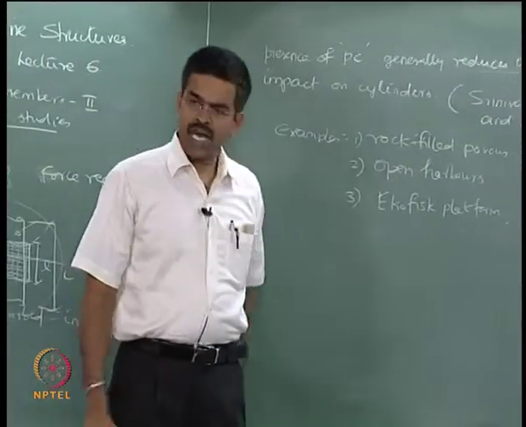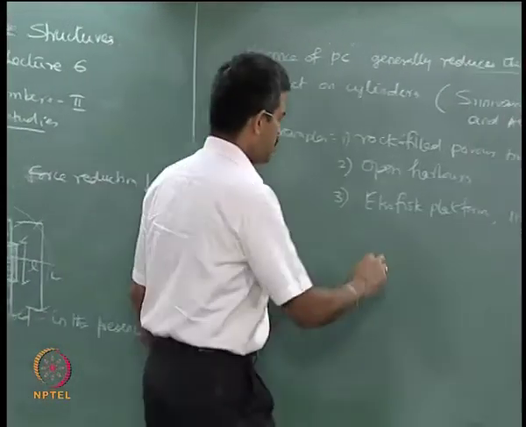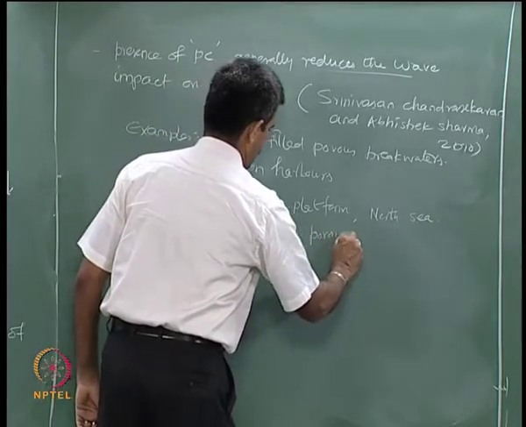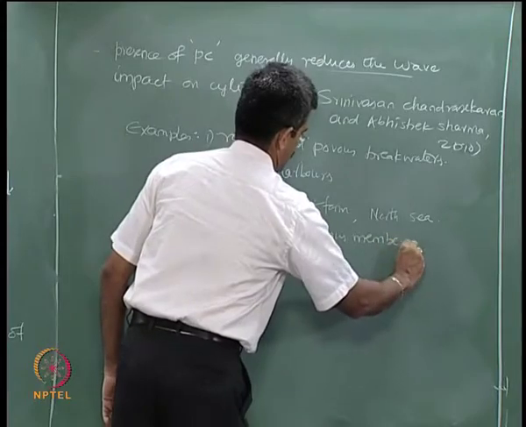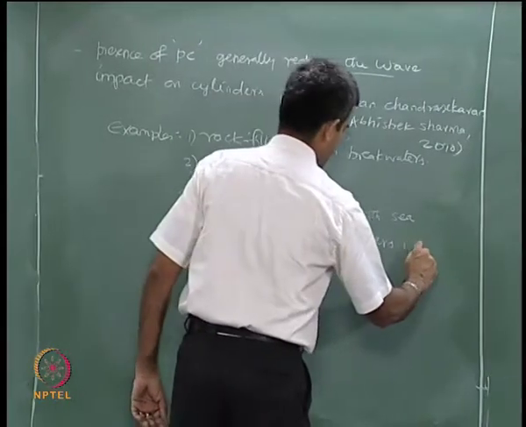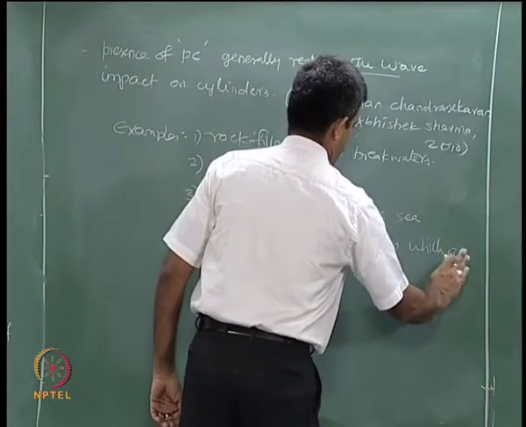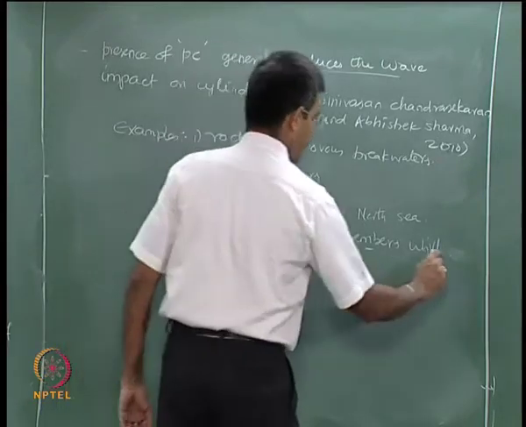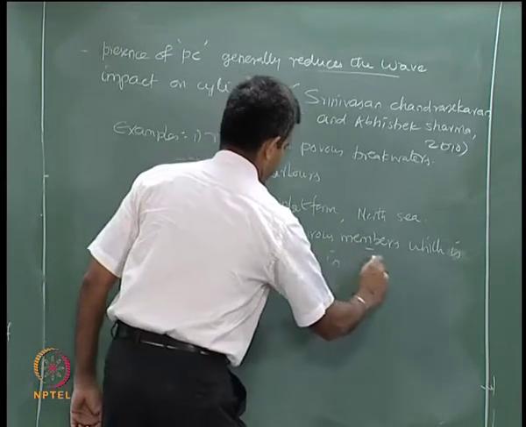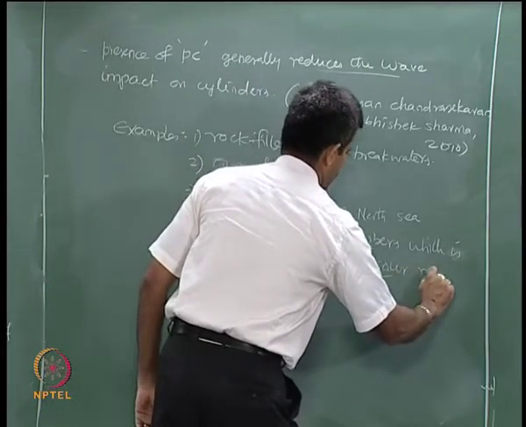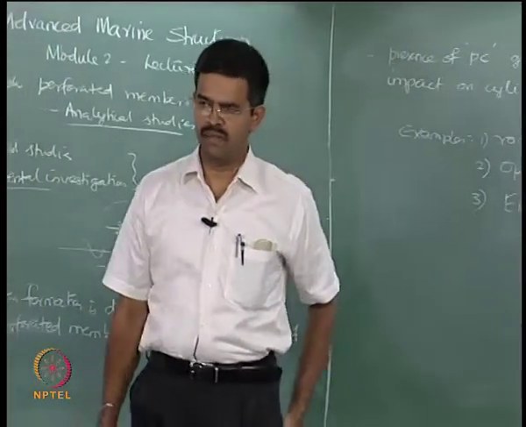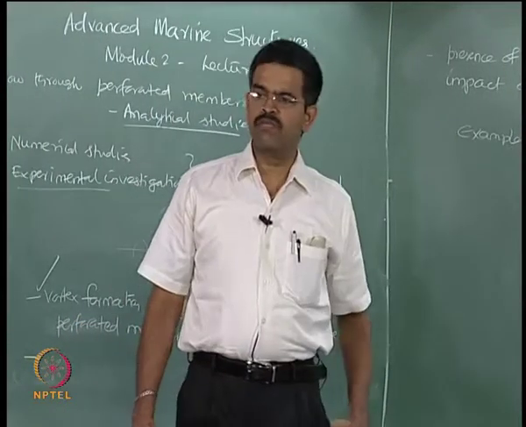This gravity platform has porous members, and the moment I say members, they are structural members, porous members, which are effective in scour reduction, because you understand in gravity based structures, because of the mass, this scour on the seabed is a major problem.